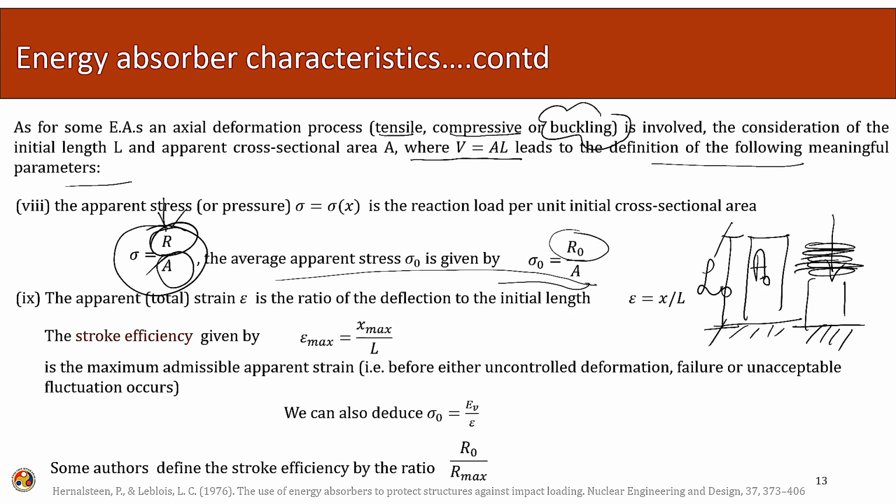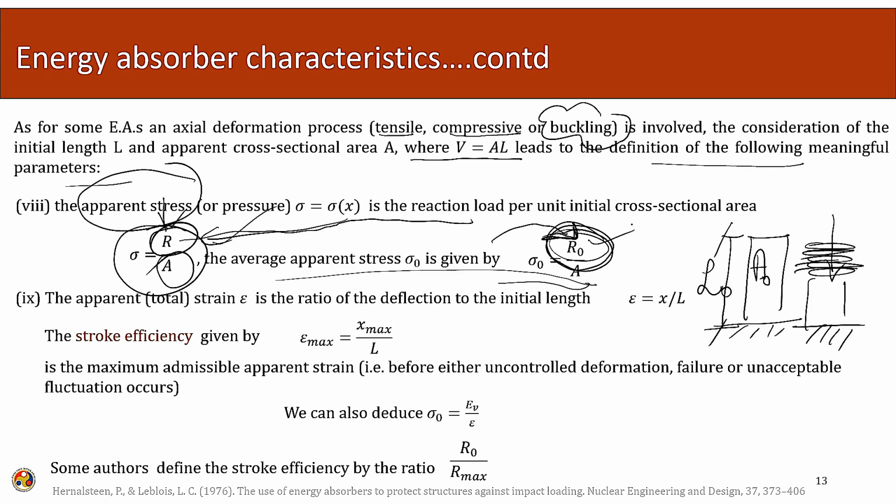So this is the apparent stress, or stress at any given location, and this one gives the stress over the entire regime. Here R is given at a certain location and R naught is the average one. So these are the two distinctions here.